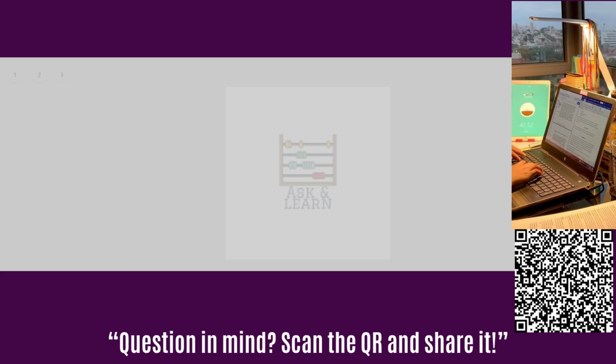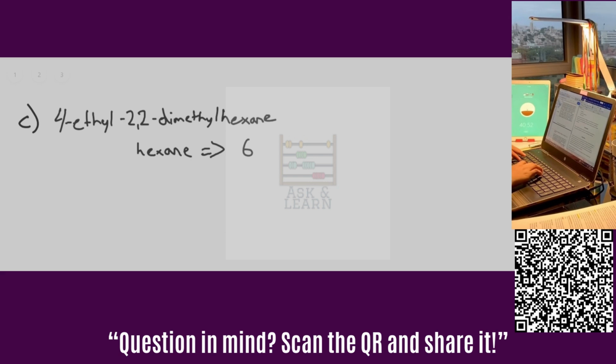Part C, the structure that we're given, is 4-ethyl 2,2-dimethylhexane. In this case, we recognize that we have a hexane chain, which will lead to 6 carbons in a row.